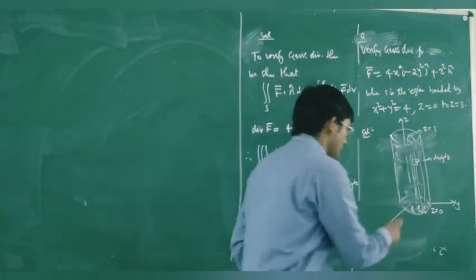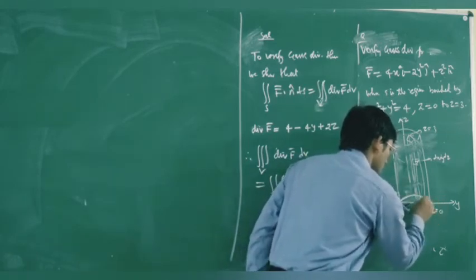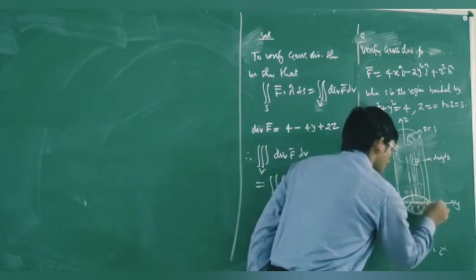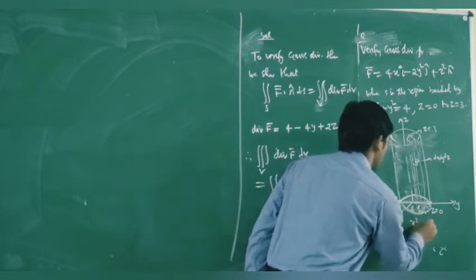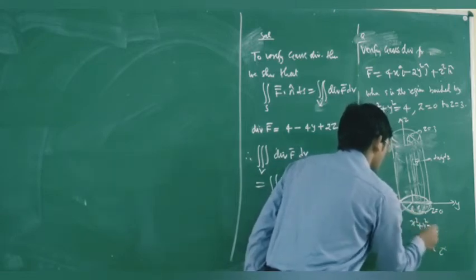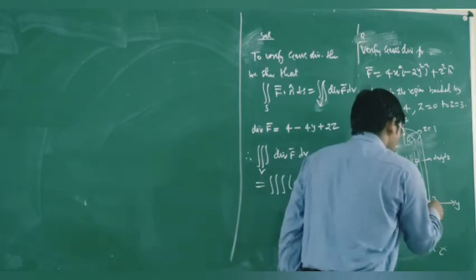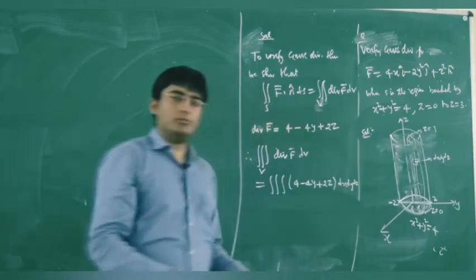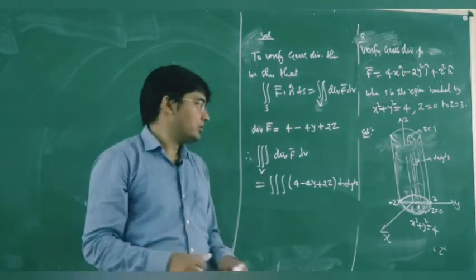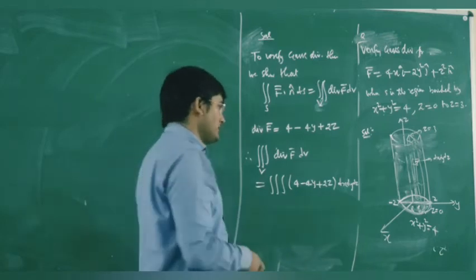For this circle, x squared plus y squared equals 4, so x goes from minus 2 to plus 2, and if you take a particular strip, y will be from minus root of 4 minus x squared to plus root of 4 minus x squared.